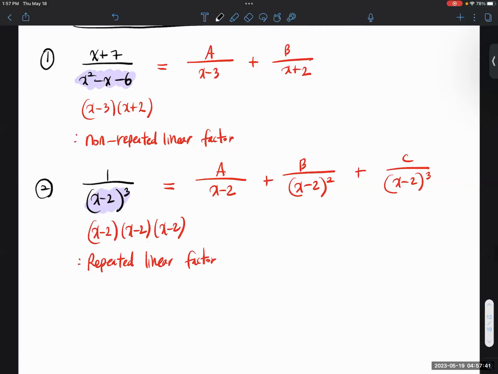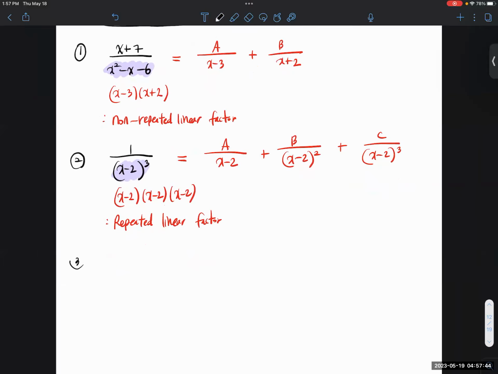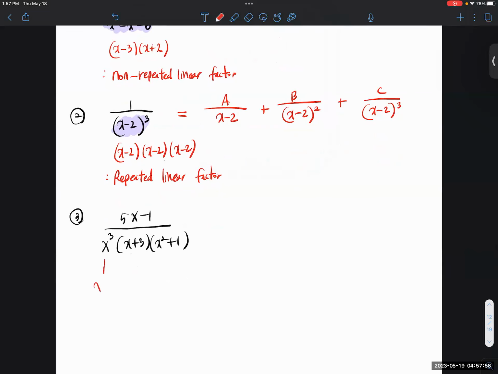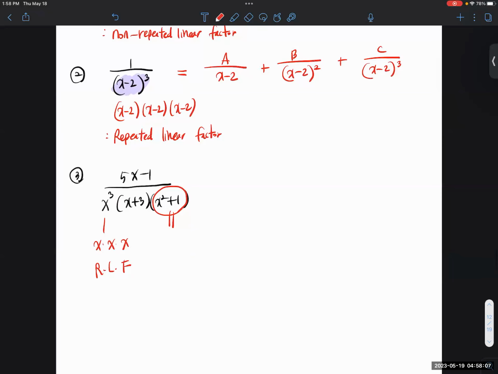Last case, let's say I have (5x minus 1) over x to the third, times (x plus 3), times (x squared plus 1). First of all, you have a very mixed one. This is x times x times x, a repeated linear factor. But x squared plus 1, what happened? This is a quadratic, not linear.